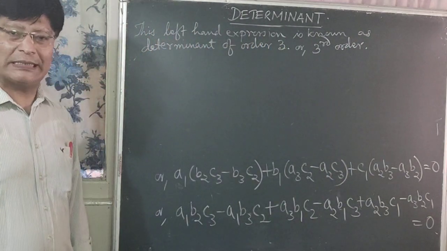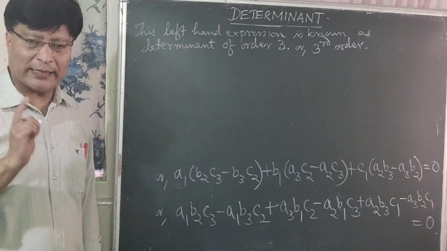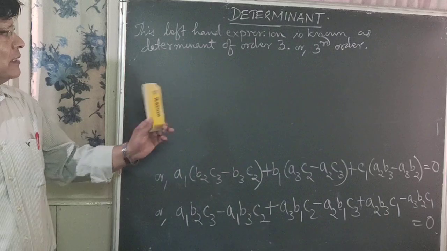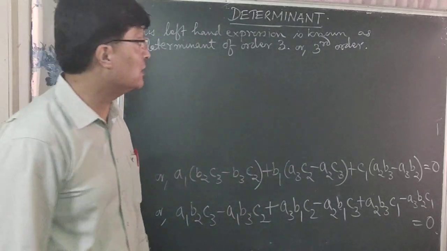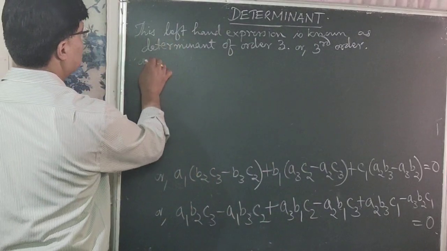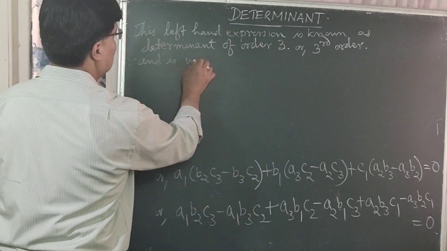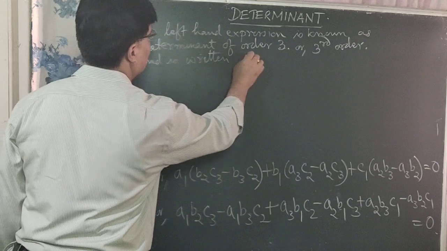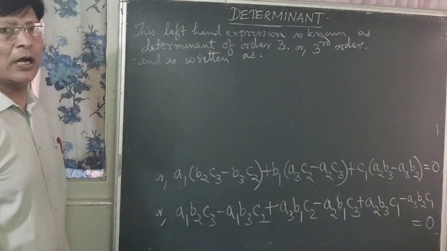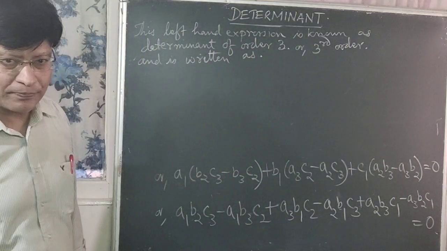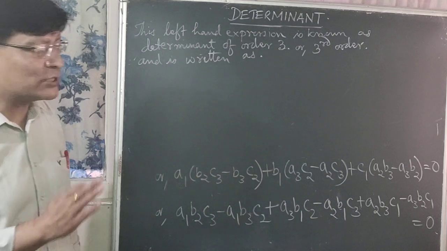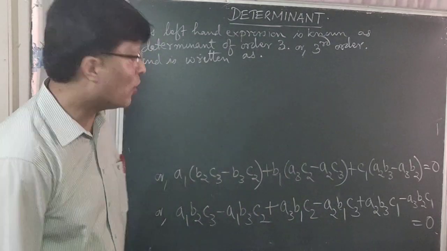So is that clear? And how will you write it? What is the correct way of representing this third order determinant? And is written as, how do we write it now? In terms of rows and columns form, as we have done in the second order.